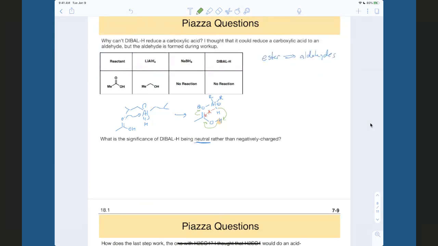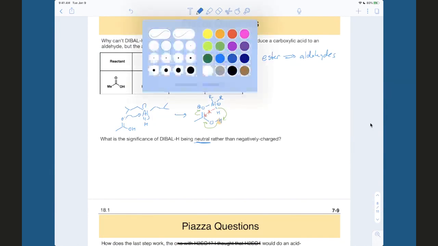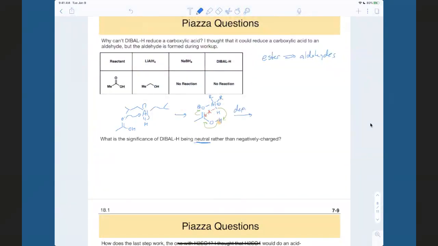This is just going to be a deprotonation, and you're going to make the aluminum carboxylate.